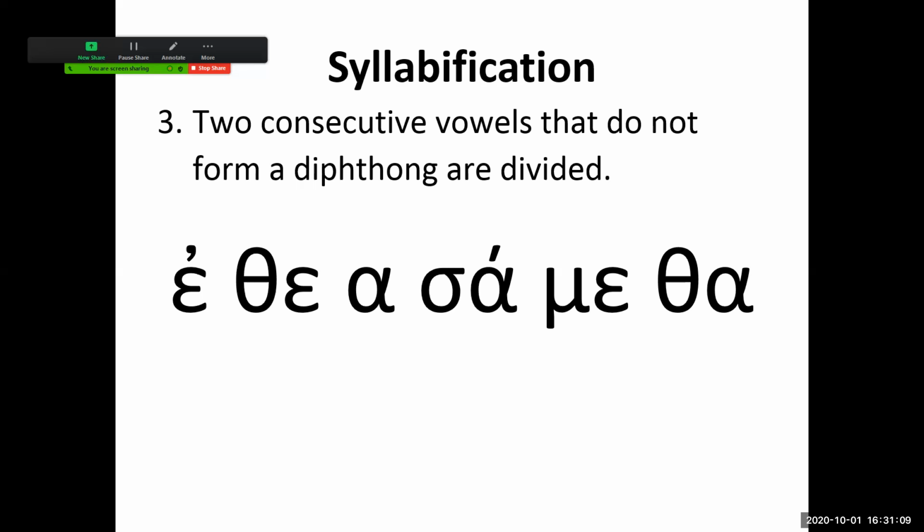You have to pronounce this ethe asametha. Notice ethe a. You don't have a diphthong with epsilon alpha, so you have to pronounce them separately.